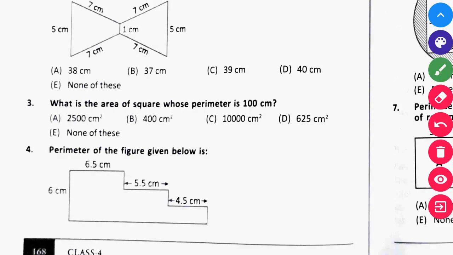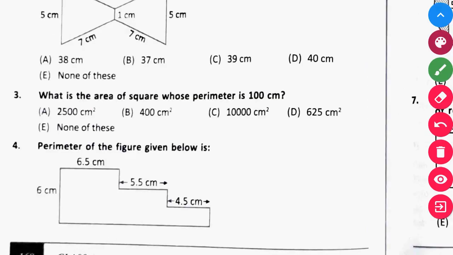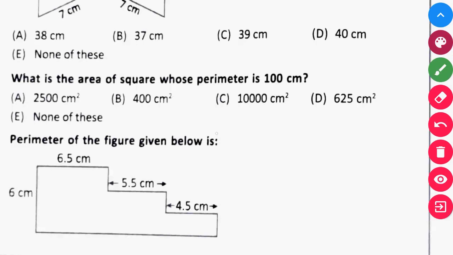Perimeter of the given figure we have to calculate. Now see, what is given to us? This figure is given to us, some measurements are given. Draw imaginary lines.